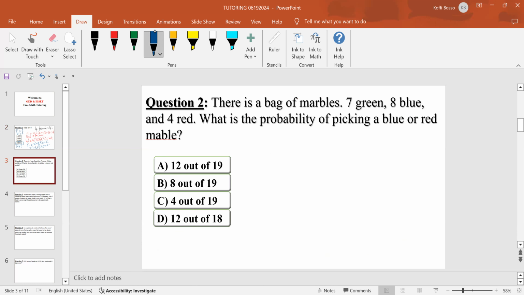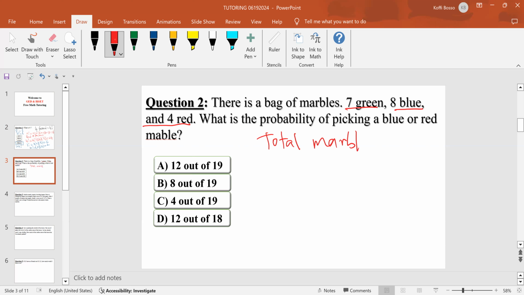Question number 2. Can you read this question, please? Yes, this is a probability problem. There is a bag of marbles, 7 green, 8 blue, and 4 red. That's in total 7 plus 8 plus 4, that's 19 marbles in total. What is the probability of picking a blue or red marble?